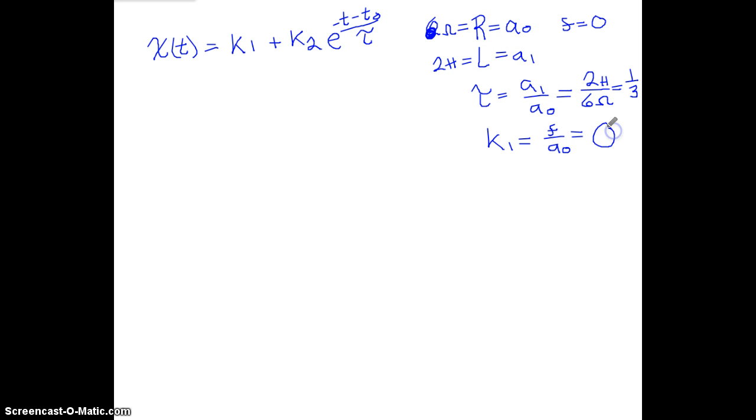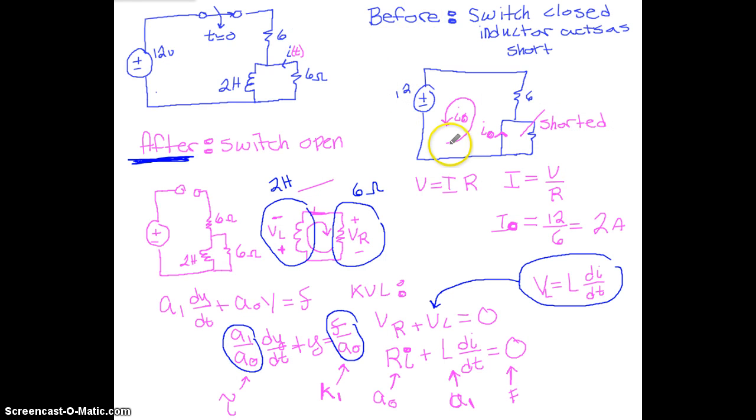Now, we know that initially our I0 was equal to 2, and that was at time equal to 0, because it was before our switch was opened, sorry. At time equal to 0, our I initial was 2 amps.